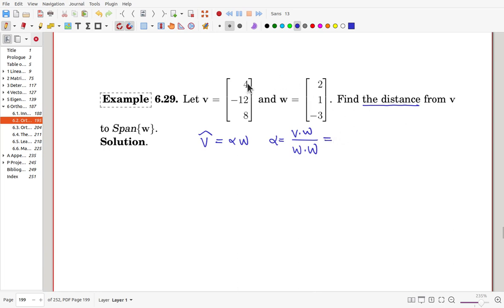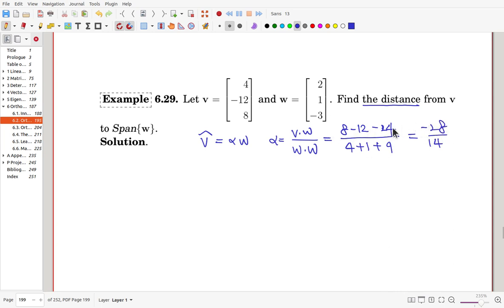Okay, so that is 8 minus 12 and again minus 24. And then w dot w, which is 4 plus 1 plus 9. So bottom is 14, top is minus 28.